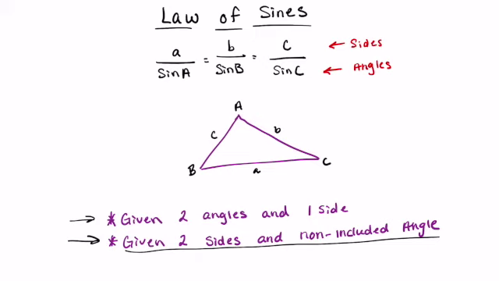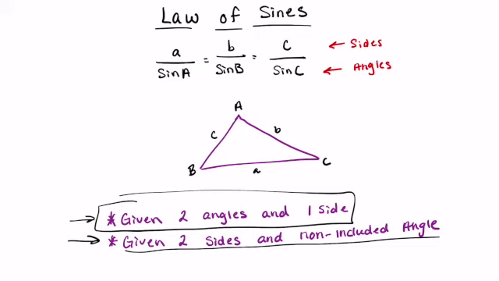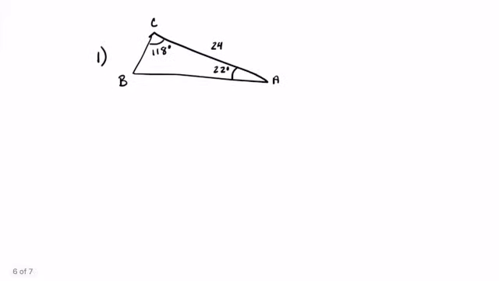And there's another video that I have made that refers to the ambiguous case. So be sure to check that out, because it's very important that we check that triangle if we're given two sides and a non-included angle. But for this video, we are going to strictly focus on if I'm given two angles and one side, how do I solve the triangle? So let's check out our first example.